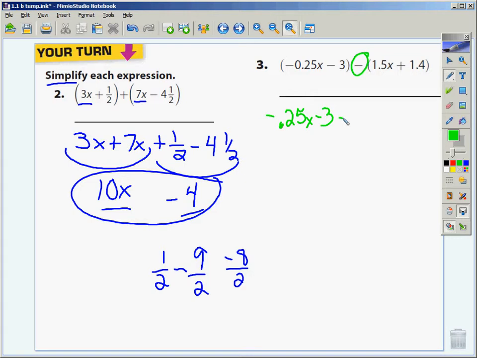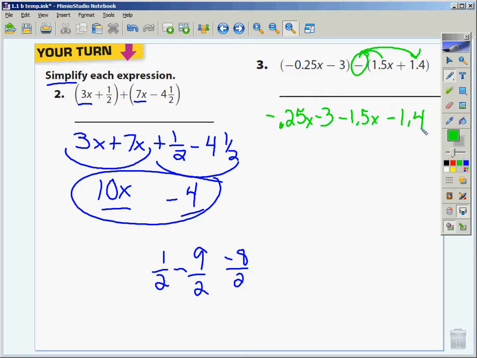Negative 1.5. And if I take a negative 1 times 1.4, what would it give me? Negative 1.4. I've got to make sure that negative goes all the way through that parenthesis. I'm subtracting everything that's on the inside of it.